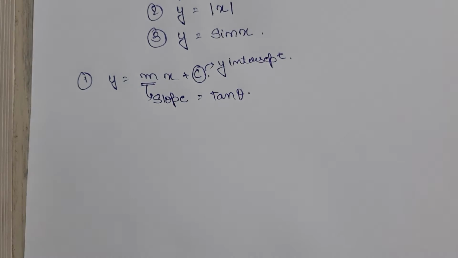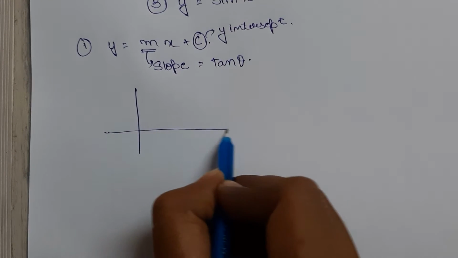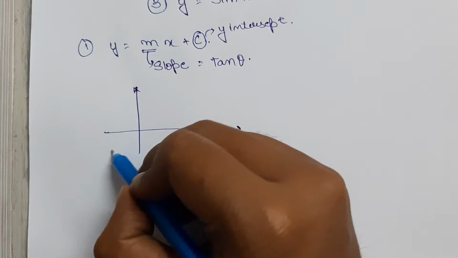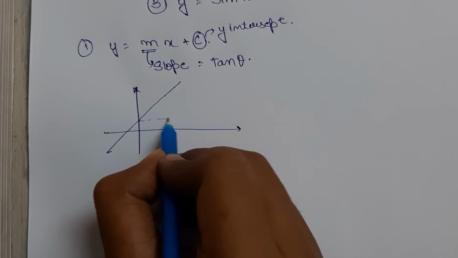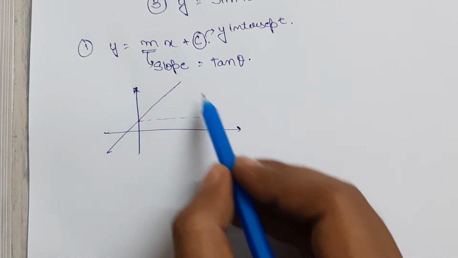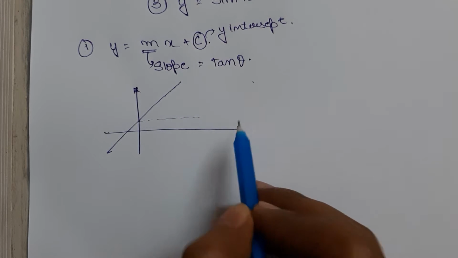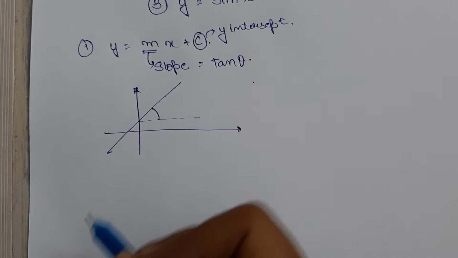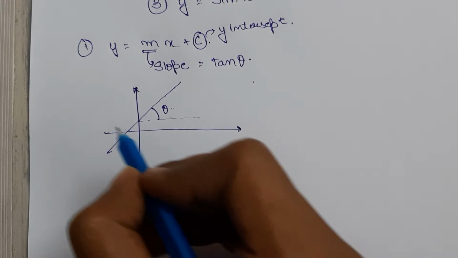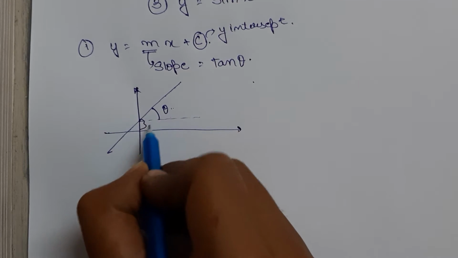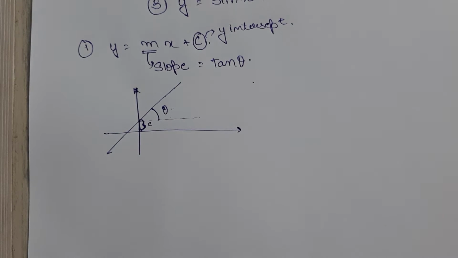Let us consider this graph. The slope is tan theta, and slope is taken with respect to the positive x-axis, so this angle is always theta. Then this tan theta is known as the slope. And c is this portion, the y-intercept.